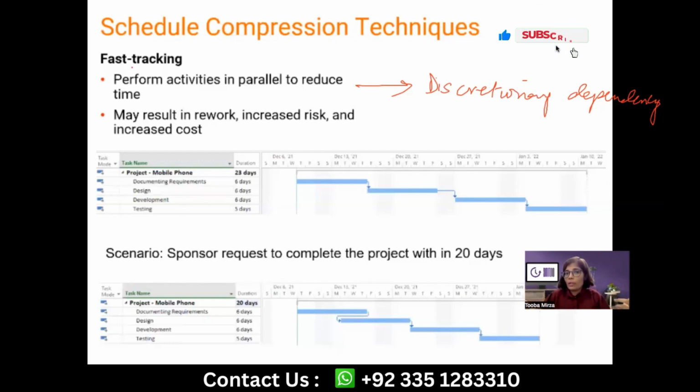It may end up in more work rather than cutting down work. If not planned carefully, it may result in increased risk, increased cost, and delays in the project, rather than early delivery of the project.